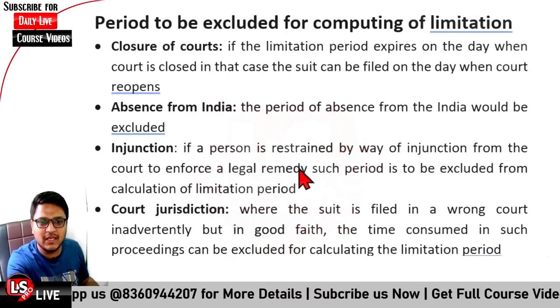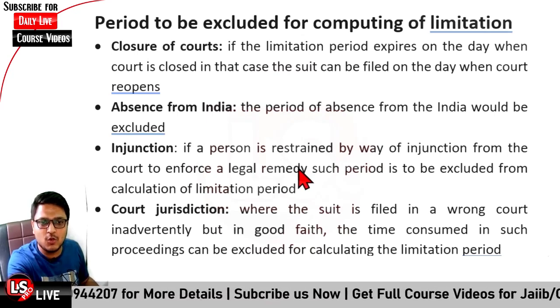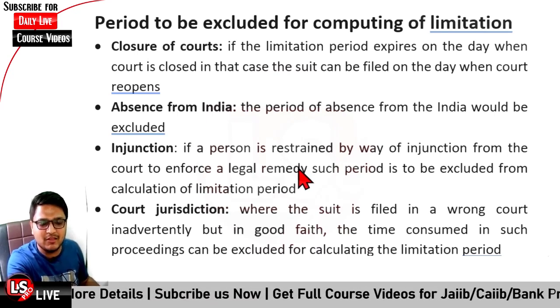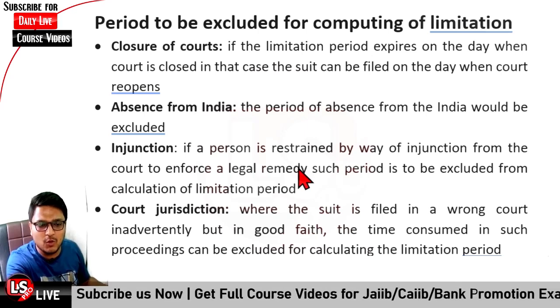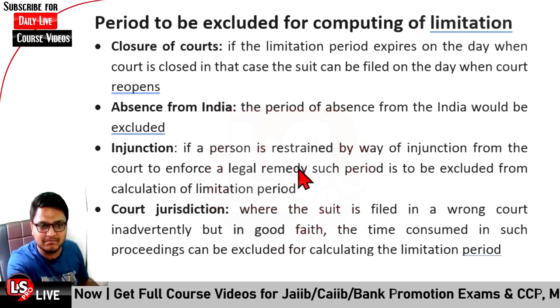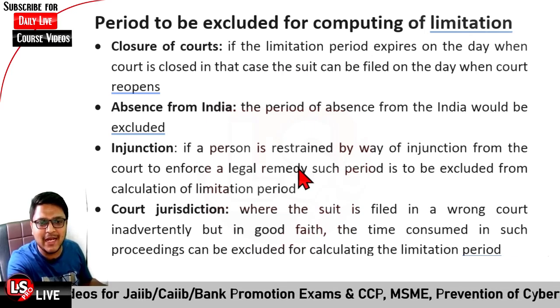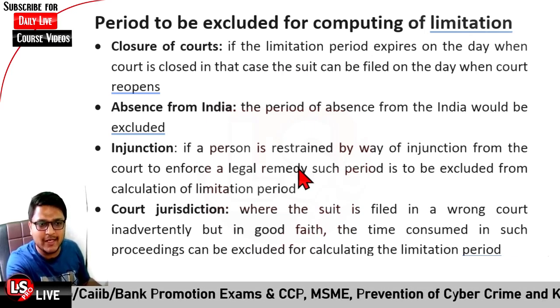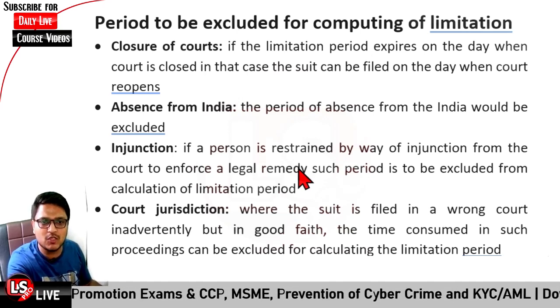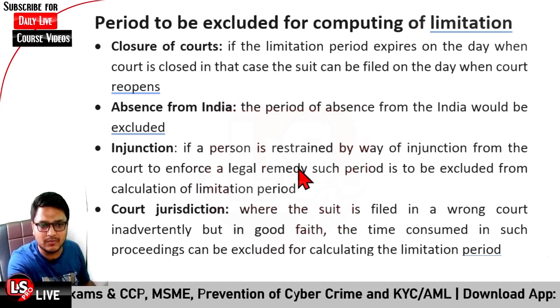Then the fourth case, it could be regarding the court jurisdiction. When the court in which suit was filed, it was filed in a wrong court inadvertently. So inadvertently the suit was filed in the wrong court, but in good faith.